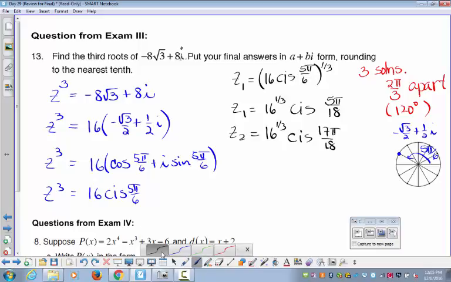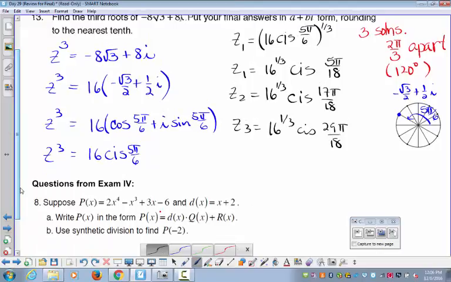And then our last answer, 16 to the 1/3, still the radius of the circle where the solutions are. And we have to add one more. So for the CIS, we add 12 again, so 12 plus 17 is 29. So those are our three answers in trig form.